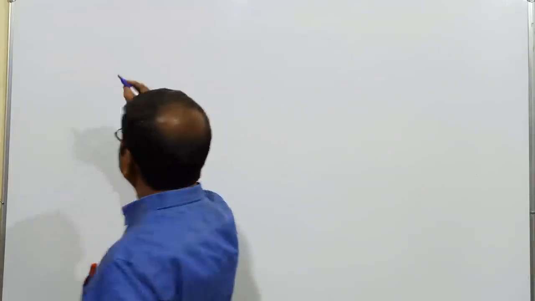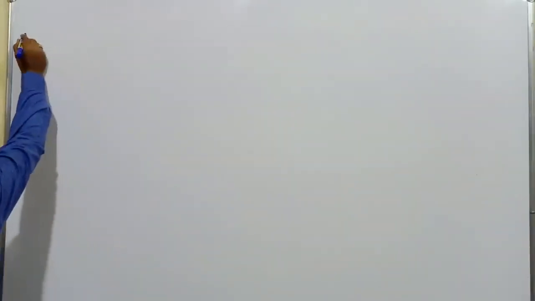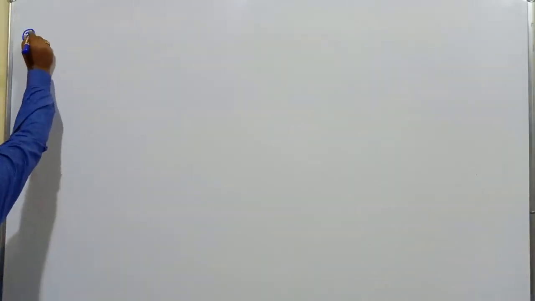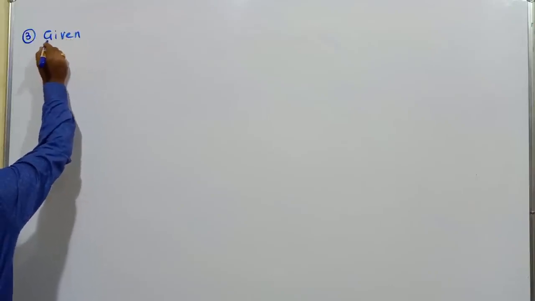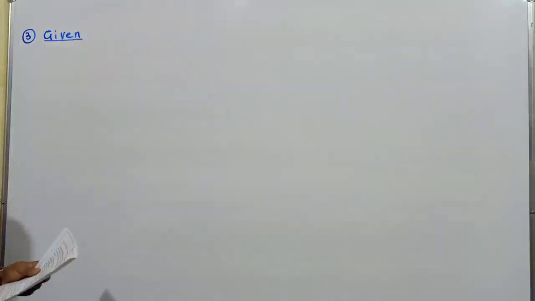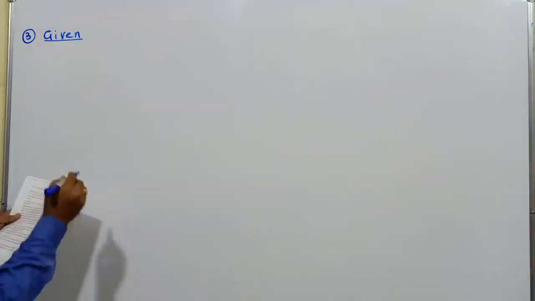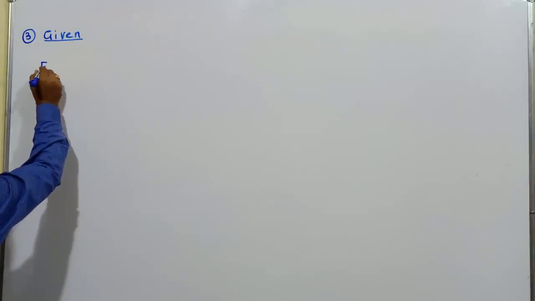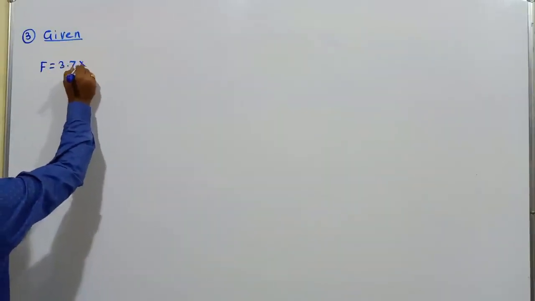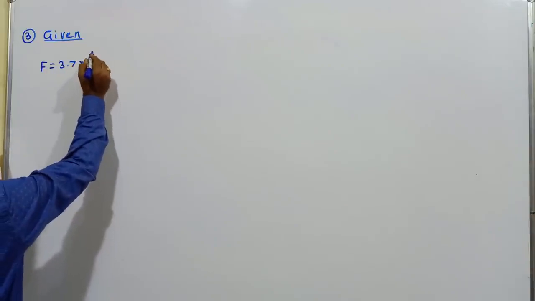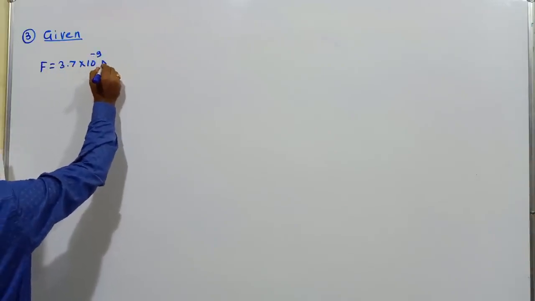So between 2 ions, electrostatic force is given to us. Electrostatic force, how much is that? 3.7 10 to the power minus 9 Newton.